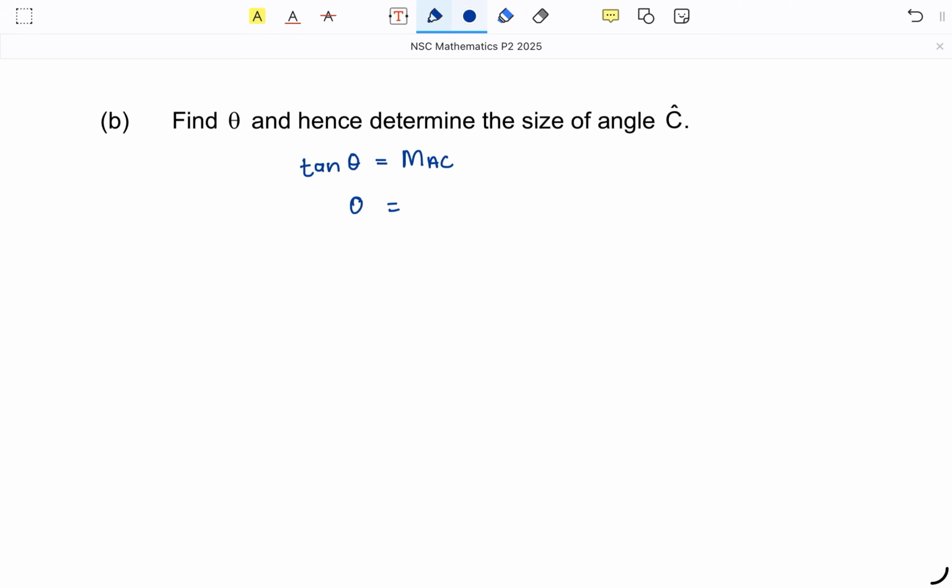That means to get theta, we would do second function tan, but then we only use the positive fraction to get a reference angle. So when we type this into the calculator, we're going to get 54 degrees and a lot of decimals.